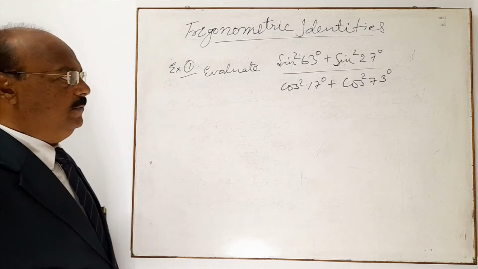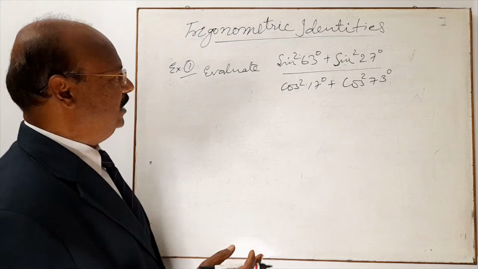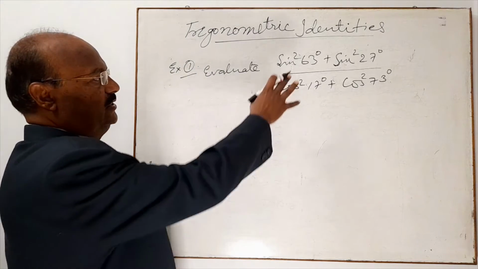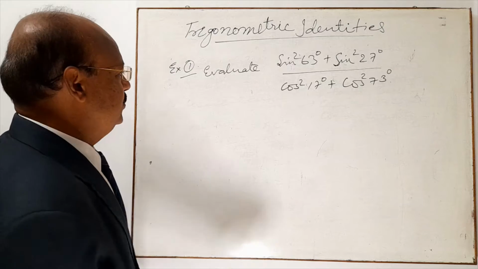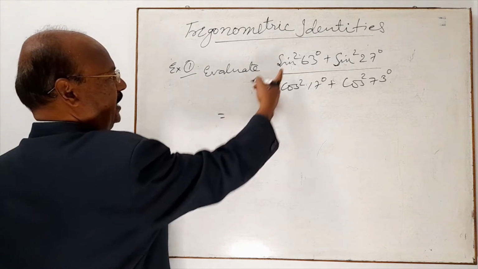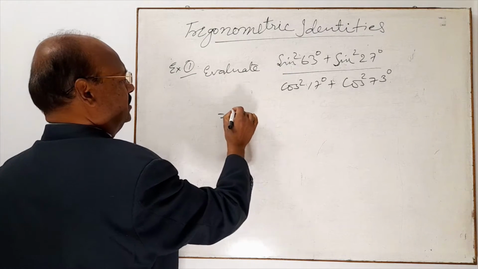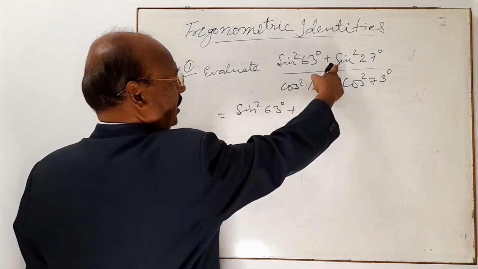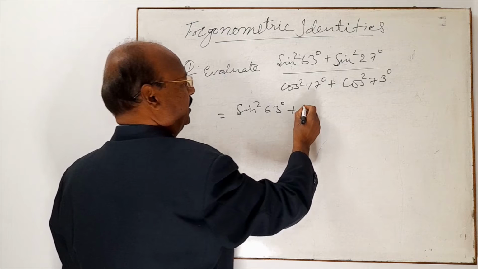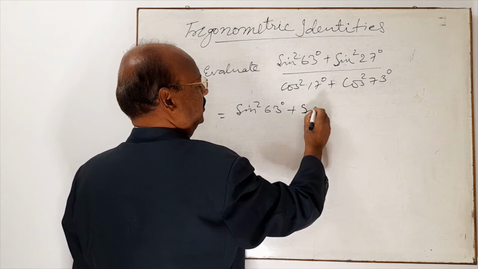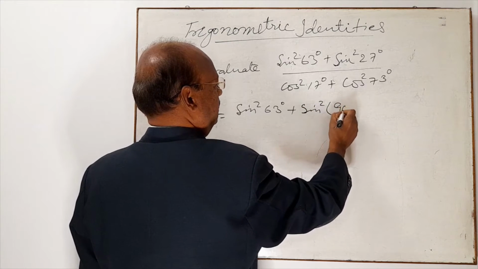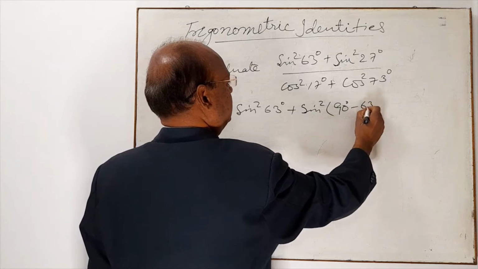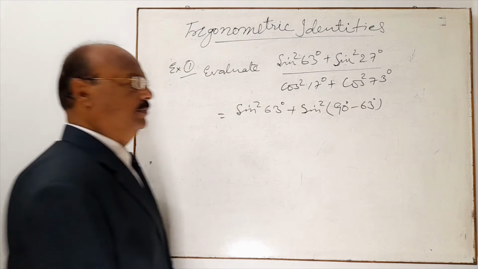Question is very simple. With the help of the formula that we have discussed just now, we can do this question very easily. You see, here first term you keep as this, sine square 63 degree, and this sine square 27 can be written as sine square of 90 degree minus 63 degree.